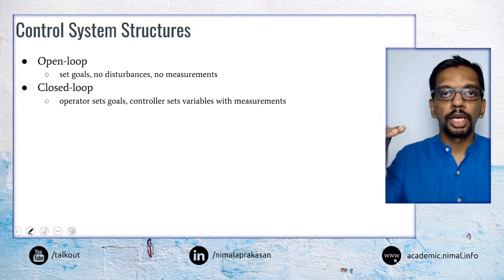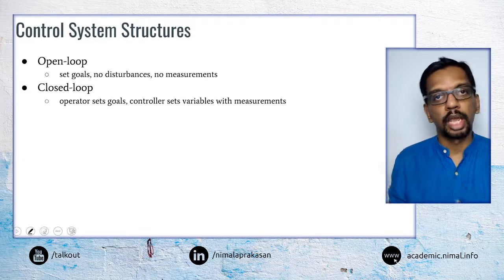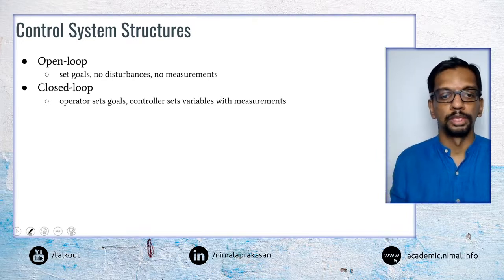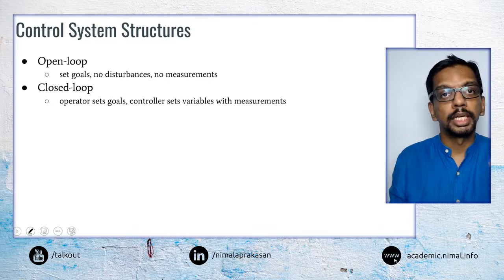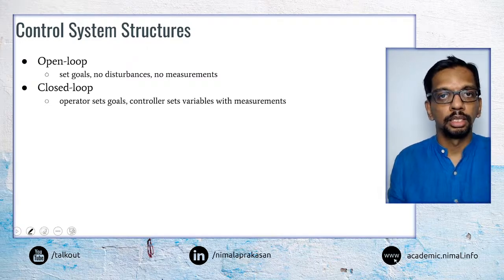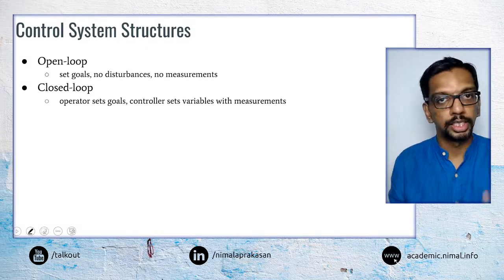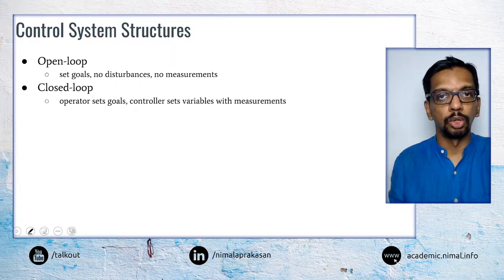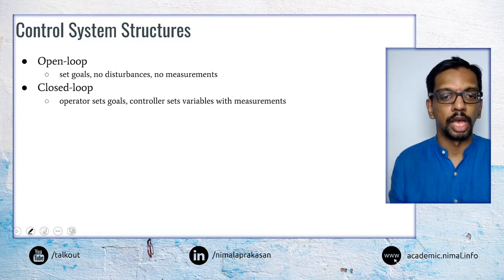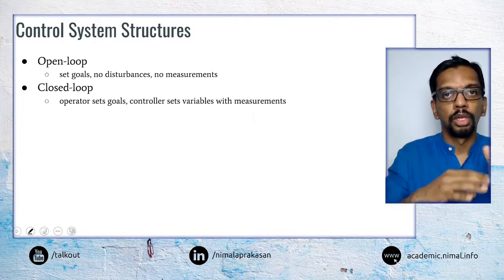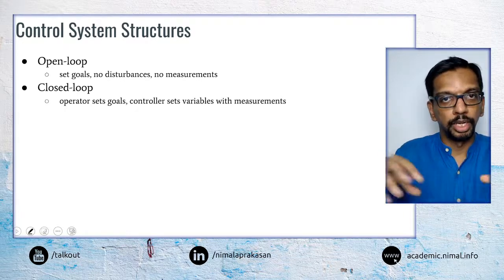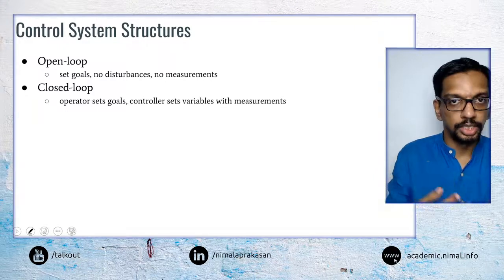Whereas an air conditioner is something we would categorize as a closed loop system, because there we set a goal, a temperature, saying the room should be at 26 degrees Celsius. That is the goal we set for the air conditioner. Then the controller, the system, will make measurements of the temperature inside the room, and it will change its behavior.